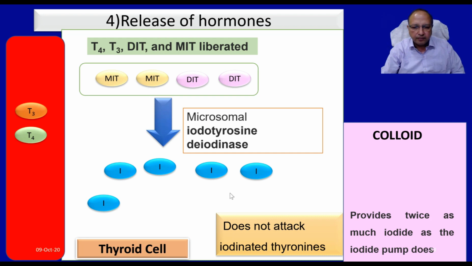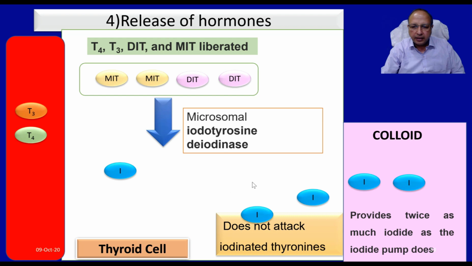So this iodide will then move into the colloid, and then this iodide along with the tyrosine molecules present in the thyroglobulin will be utilized for the production of the thyroid hormones. In this way, MIT and DIT provide twice as much iodide as compared to that provided by the iodide pump from the circulation into the colloid.